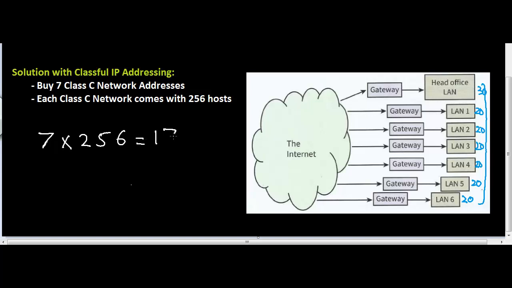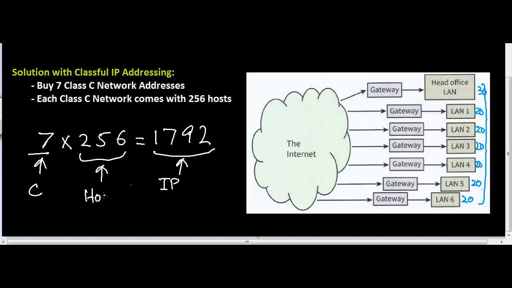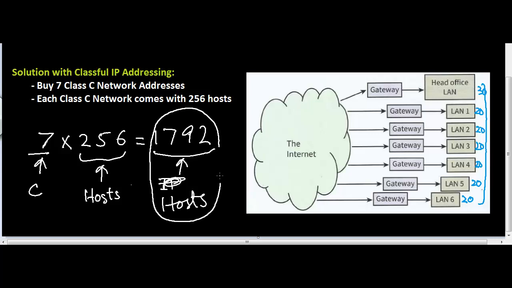So this comes out to be 1792. So effectively these are the number of IP addresses that we would have bought, right? Because each of the 7 class C networks is going to have 256 hosts. This is the total number of hosts that we can have with 7 class C networks.